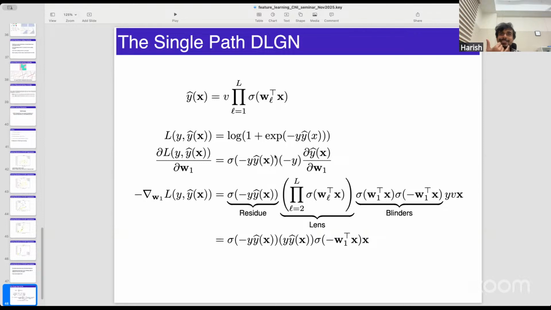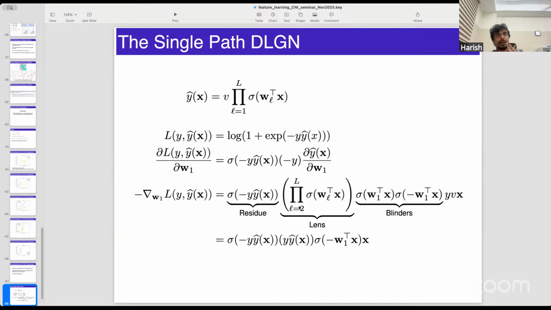For this, we can actually derive the gradients. And the gradient of the model output with respect to the parameters, let's say W1, one of the layer neurons, really splits into three components, which we call the residue, the lens, and the blinder. We are trying to get the gradient of the loss with respect to one of the parameters W1, and the other parameters W2, W3, W4, all the way to WL enter the gradient expression through the lens.